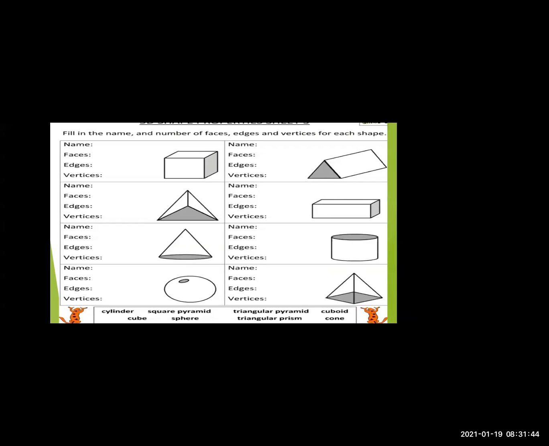Yes, it's very correct that it's a cube because each face is of square shape. That's why it's a cube. Very good. Can you tell me how many faces it has? Square has, six, sorry, faces. How many faces does a cube have? Eight.